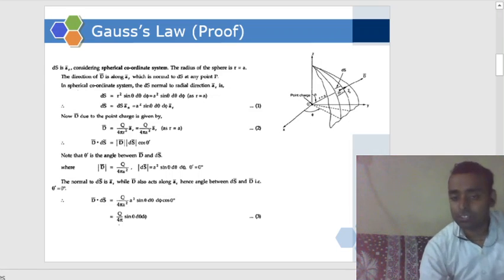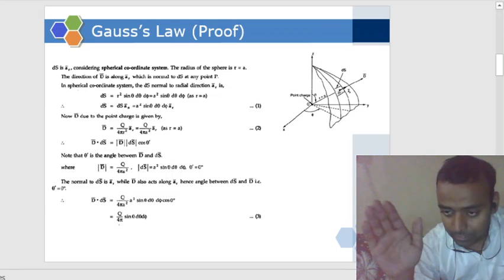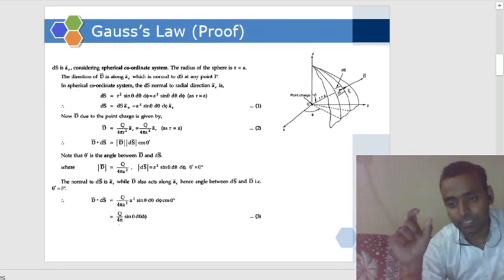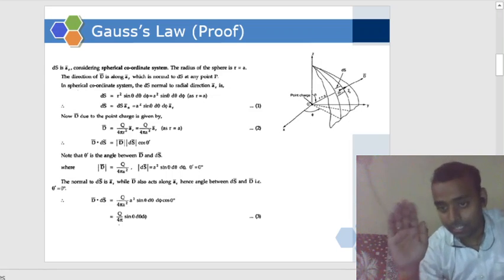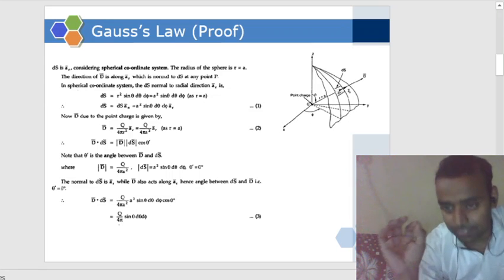First of all, the differential surface area which we are considering on the surface of that imaginary sphere will be ds.